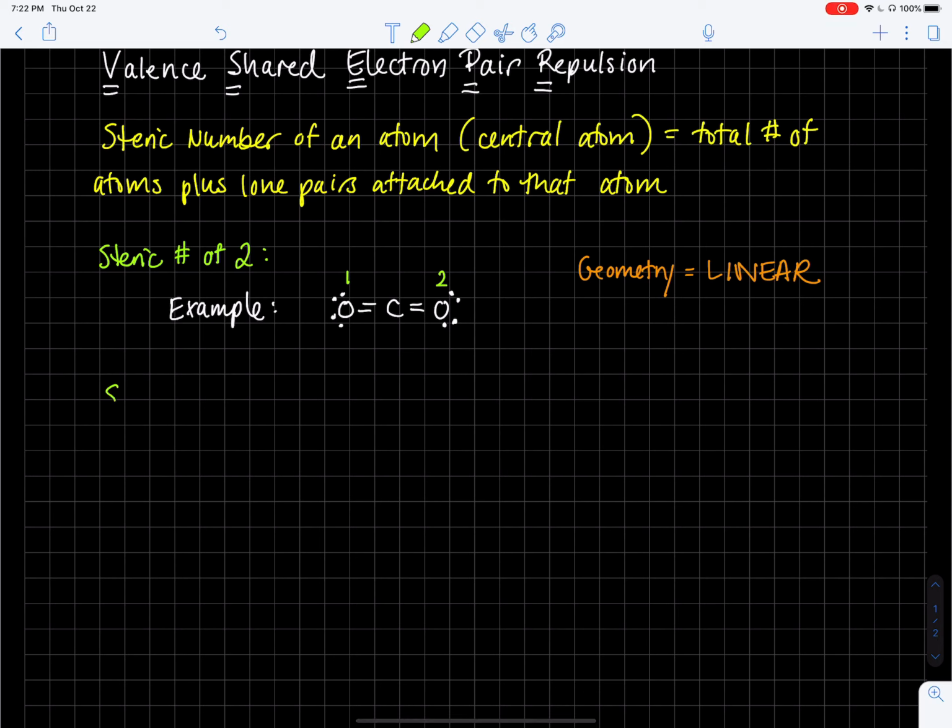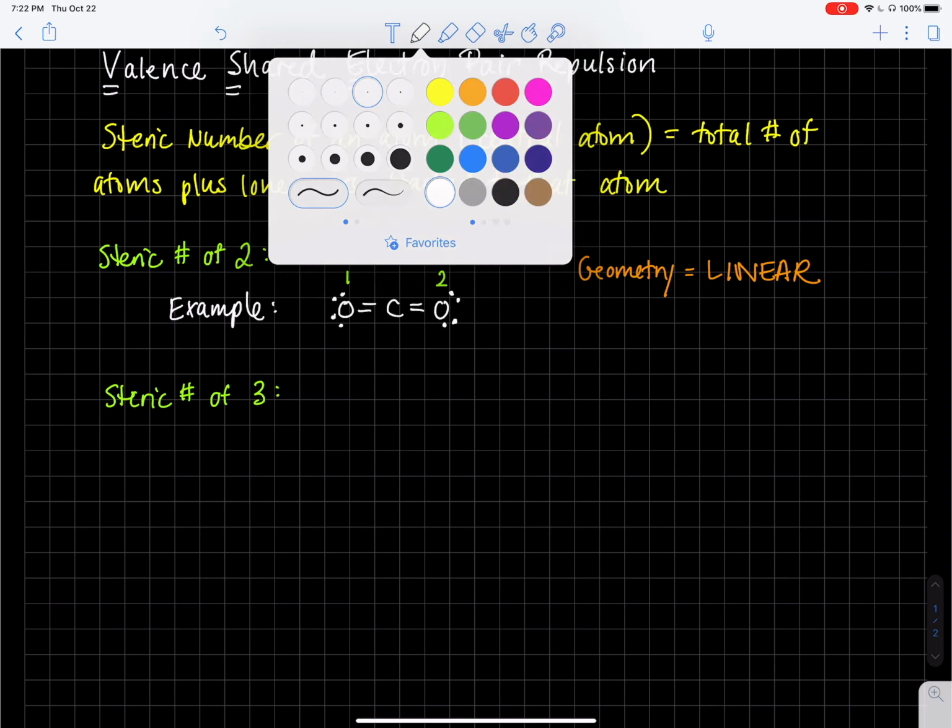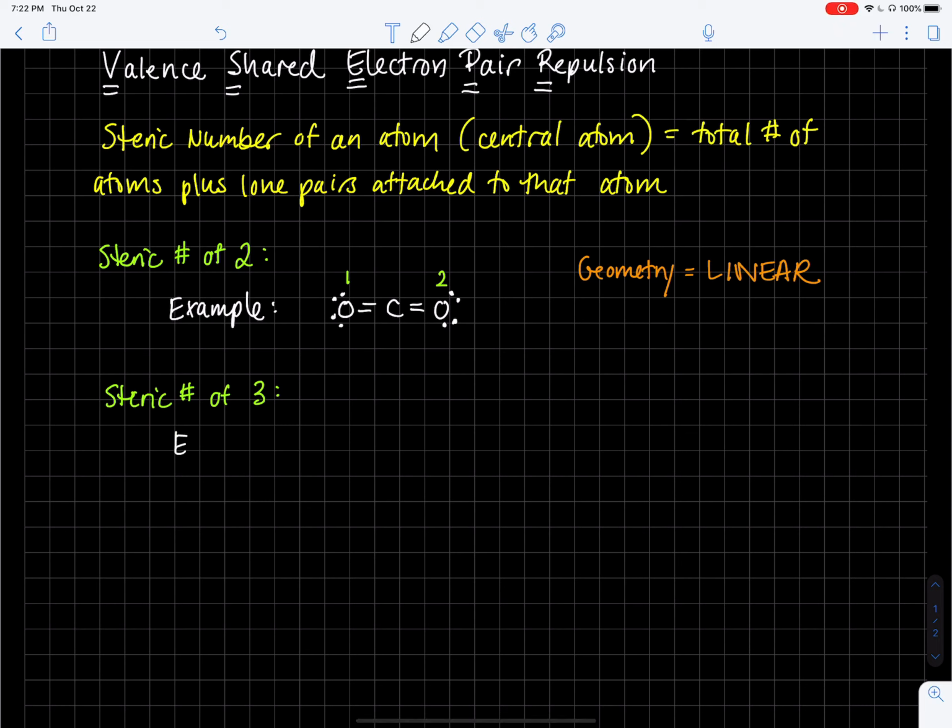Okay, so steric number of 3. And I will give 2 examples here, that are actually related. So one is nitrate.